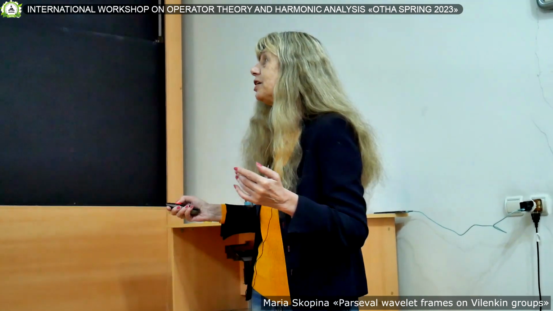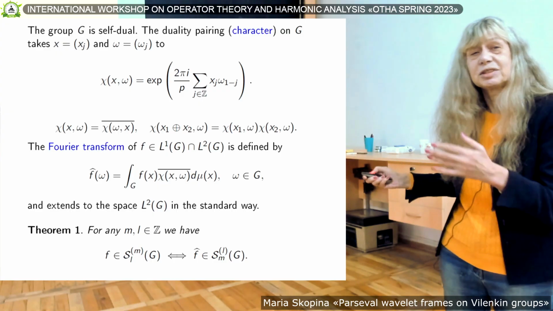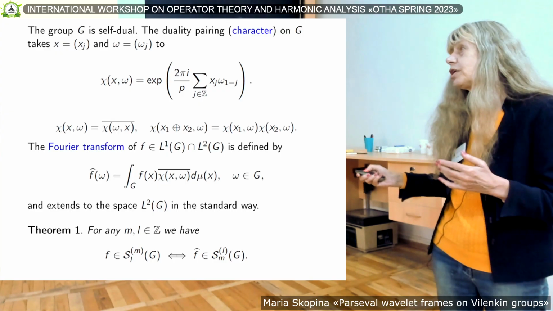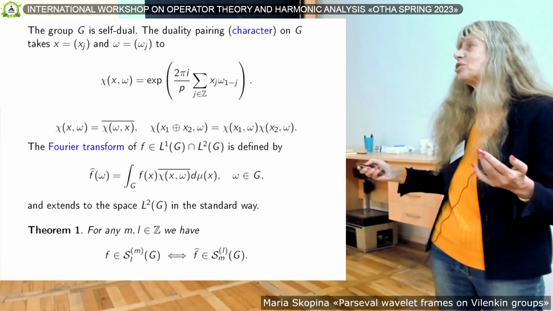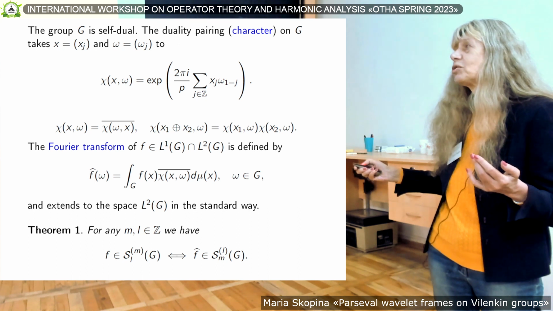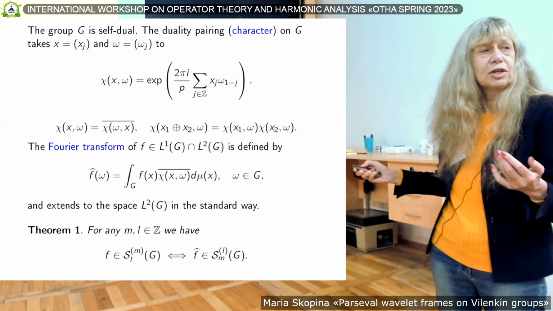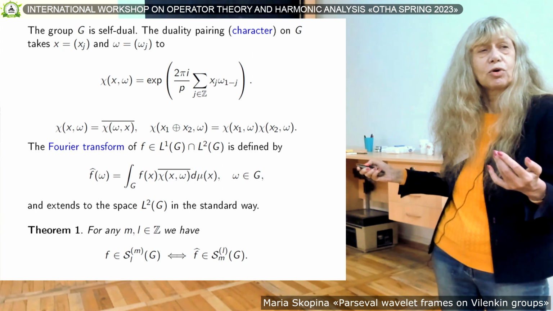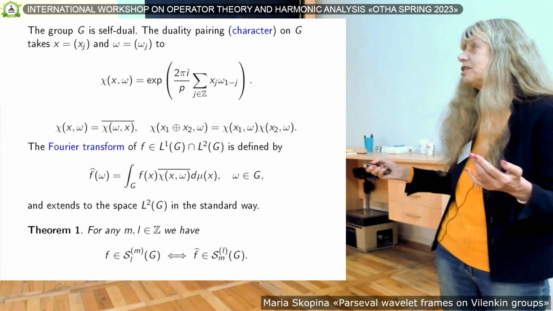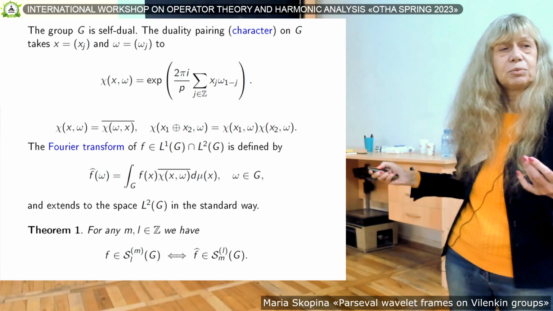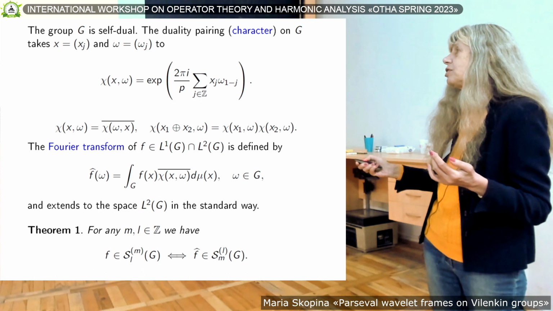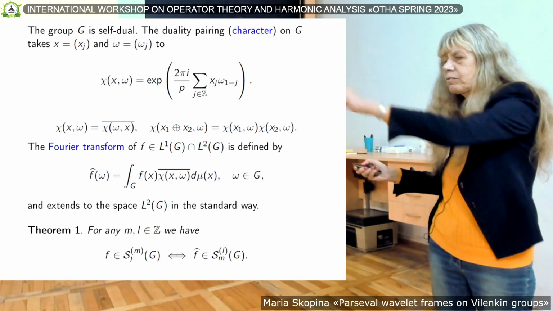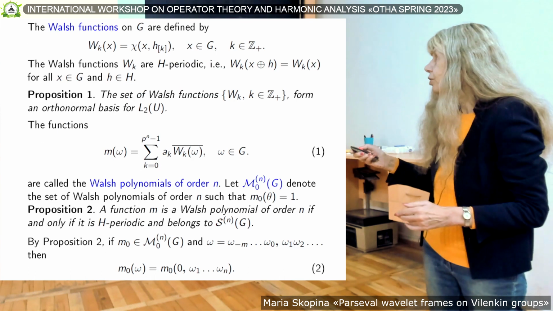And the best decay is compactness of the support. In usual harmonic analysis, this is not possible: the function itself and its Fourier transform cannot both be compactly supported. And here on the Vilenkin group, it is possible. So both functions, f and f hat, are compactly supported. Okay.